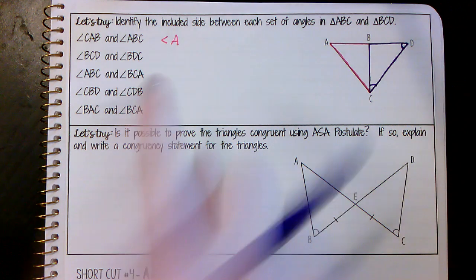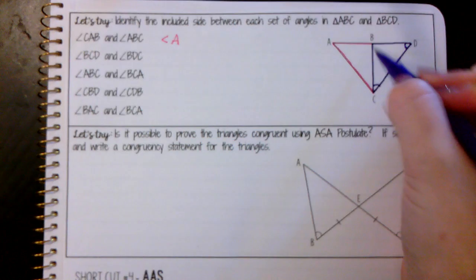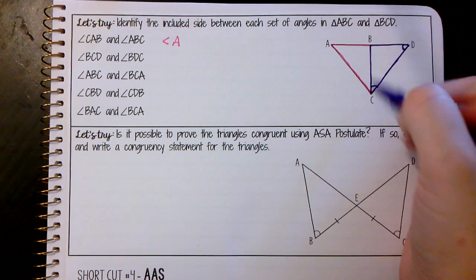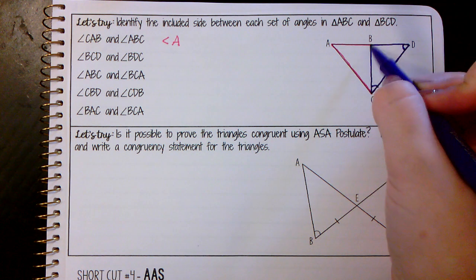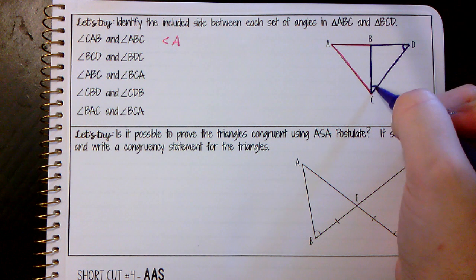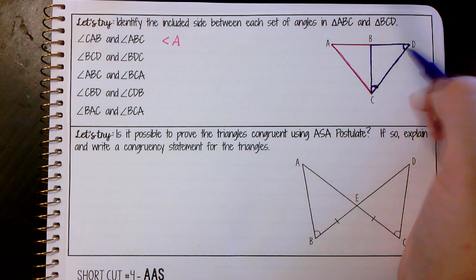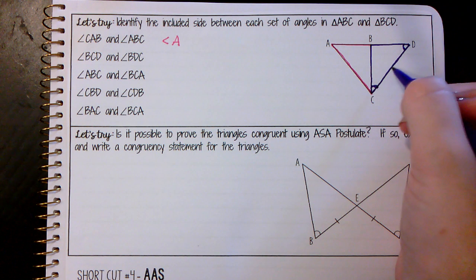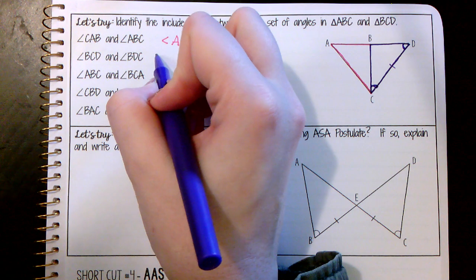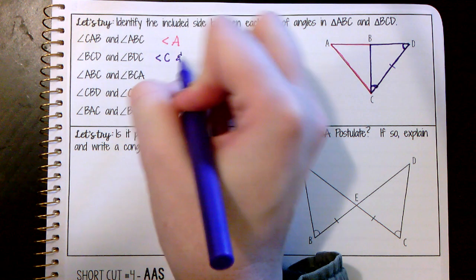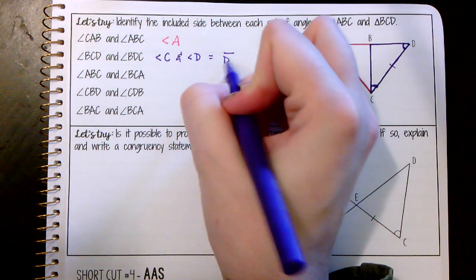I'm sorry, I did the first one wrong here. I didn't finish it. So the second one we had BCD, and then we had BDC, which is this angle. So between BCD, those 2 sides gave us angle C, and then between BDC, those 2 sides gave us angle D. So the side between both of these angles is DC. So we had angle C and angle D, which gave us side DC.